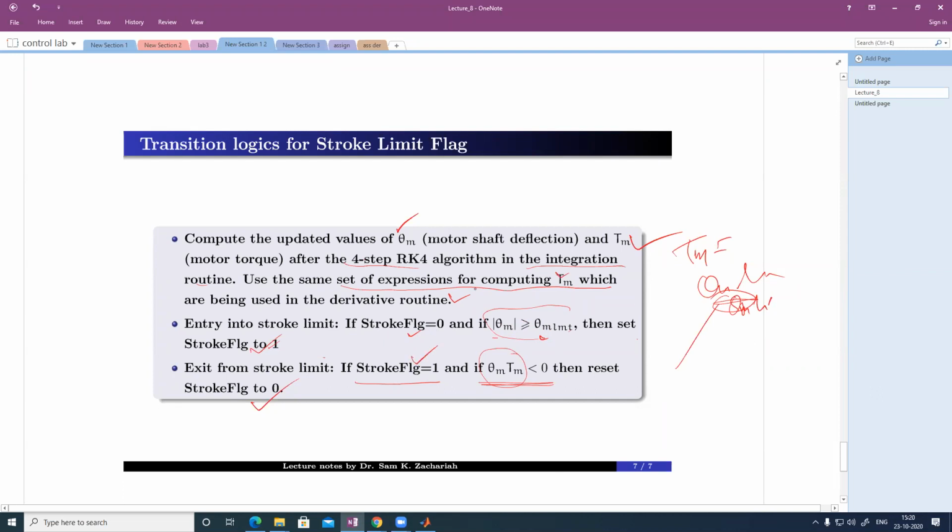And if the flag is 1 and this multiplication, this Tm, now derived from this equation, is less than 0, then that flag is reset to 0. This is the simple logic you have to use for the theta m limit. So this is the transition logic for stroke limit.